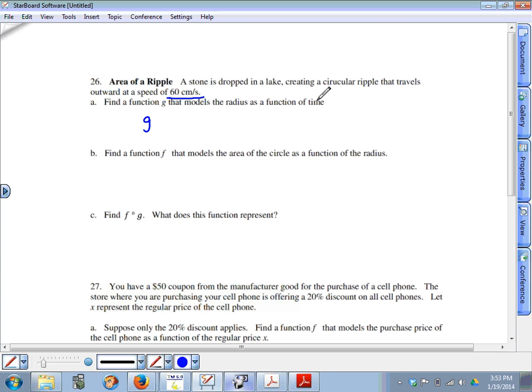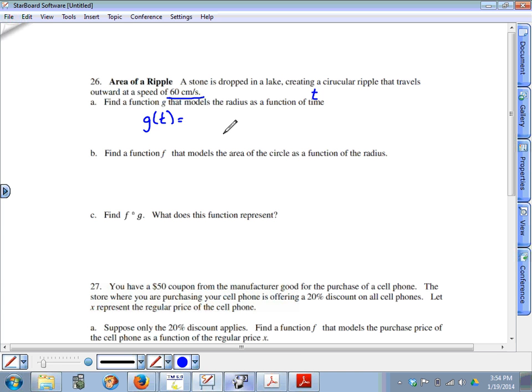It depends on what variable we allow time to equal, but most of the time it is t. So it's a function g of t. Now, when time equals 0, essentially the stone hasn't been dropped in the lake yet.